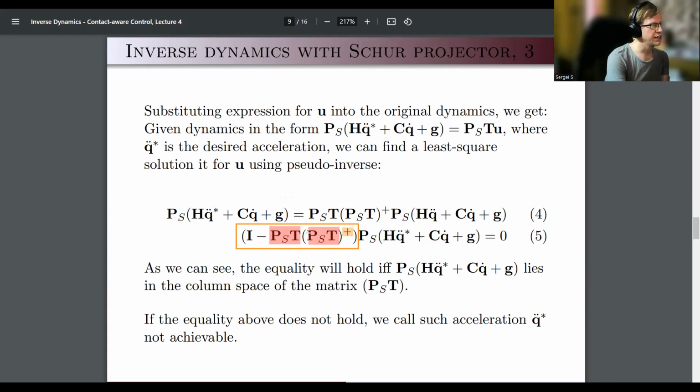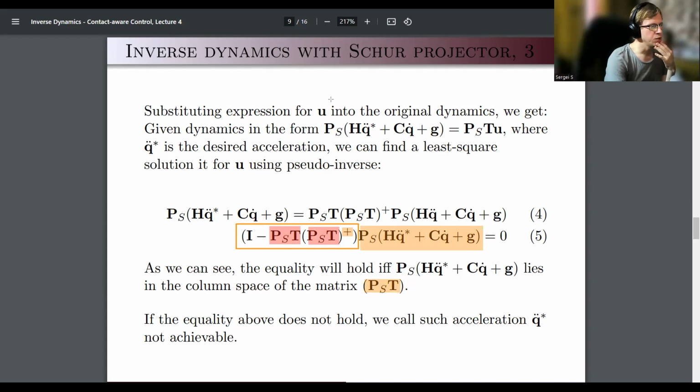But this guy is an orthogonal projector. Okay, so they have special properties. So this is the orthogonal projector to the left null space, and we are saying that this guy times this projector to the left null space of this matrix, all of this has to be equal to 0.